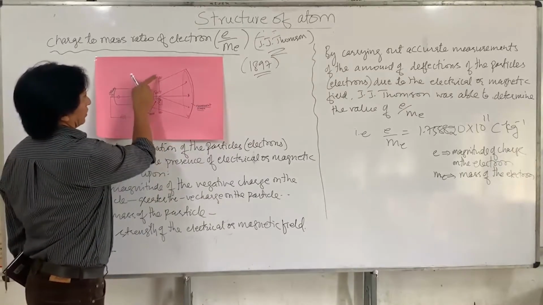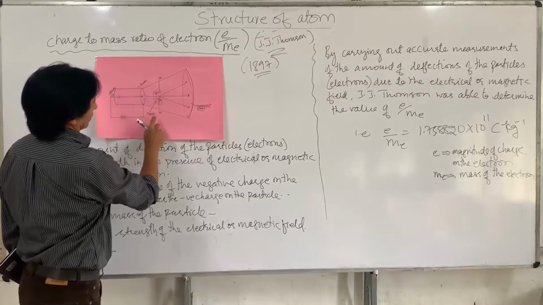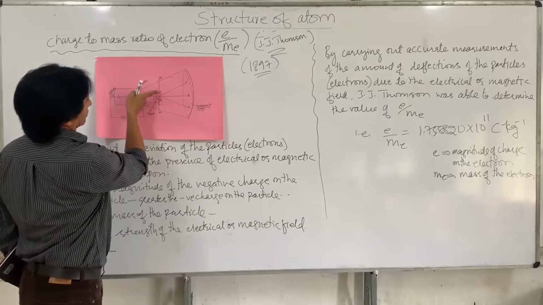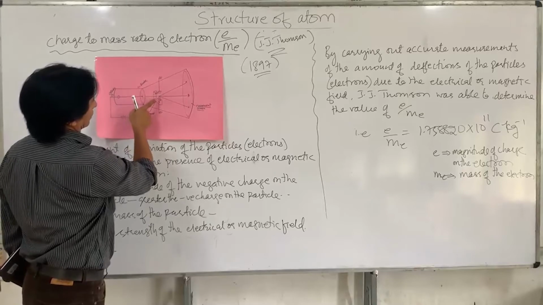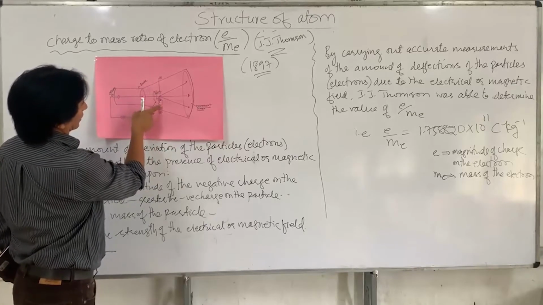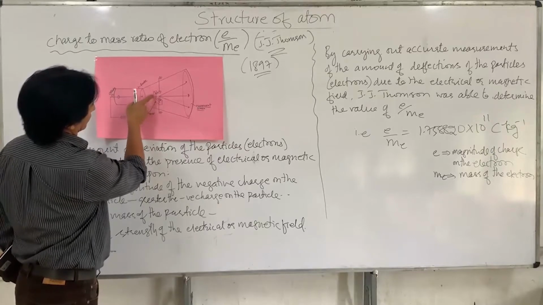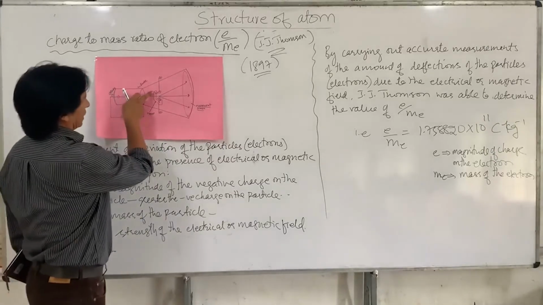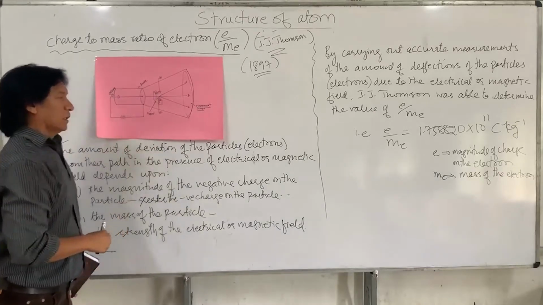So this is your electric field. You have the positive plate here, the positive electrode, then the negative one here, and the magnetic field is this one here. You have this magnet with the north pole on that side and the south pole on this side.